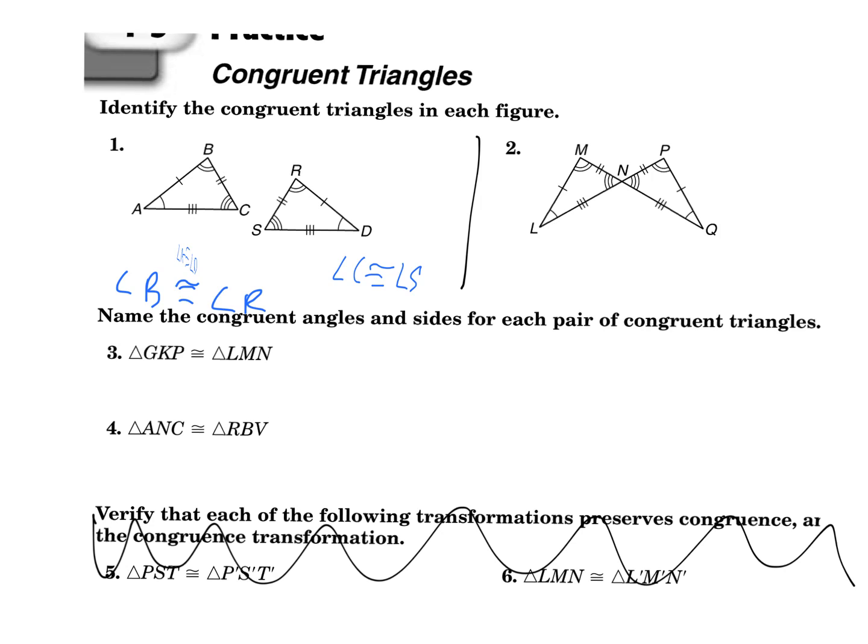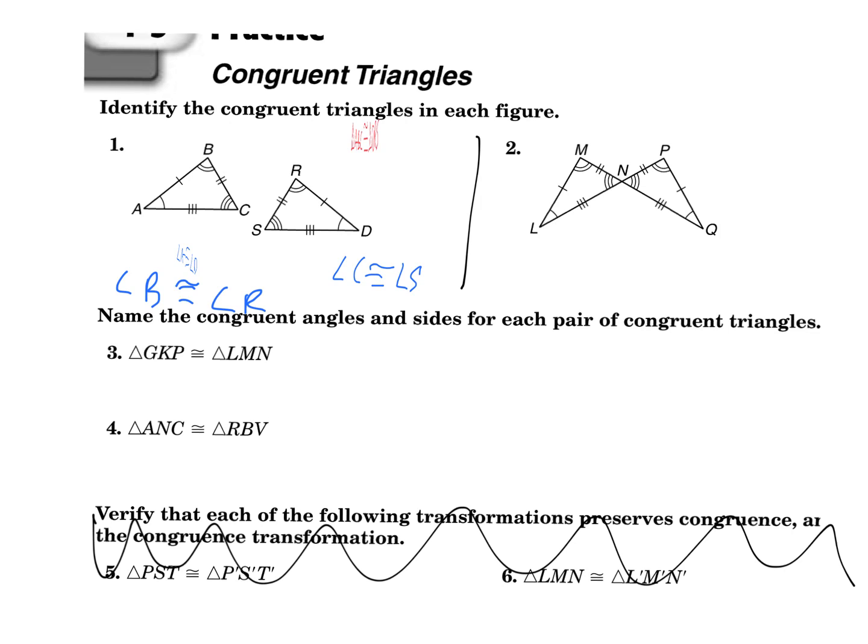We know that triangle ABC is congruent to triangle DRS. You have to name your triangle with that little triangle symbol. And it's important to make sure you go in order when naming the triangles of congruent angles. So angle A is congruent to angle D, angle B is congruent to angle R, and angle C is congruent to angle S.